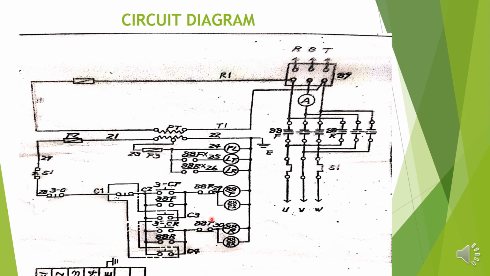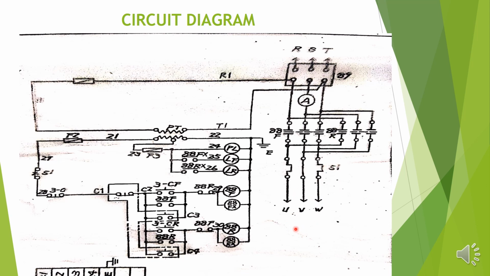What is the 88F? We already discussed, it is the interlock for the forward contactor, and it is normally closed. Then power will transfer to the 88R, and 88R will energize and close this contact. So power will transfer through the OLR to the motor, and the motor will start rotating in the anti-clockwise direction, that is, the reverse direction.